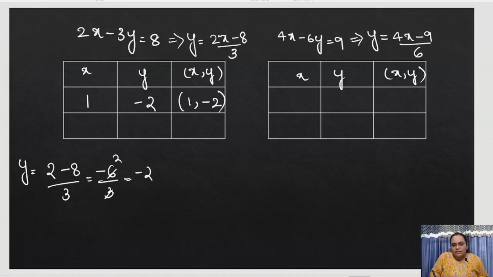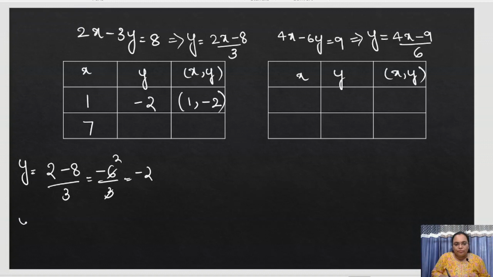See, if you take x equals 2, which is 4, 4 minus 8 is minus 4 by 3. See, it should be divisible by 3. Okay. So if you take x equals 3, then it is 6. 6 minus 8 is minus 2. It is not divisible by 3. So if you take 7, 14 minus 8 is 6.